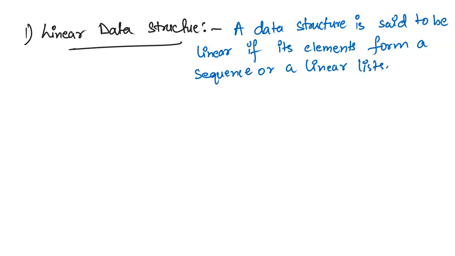So a data structure is said to be linear if its elements form a sequence or the linear list. So this is basically the linear data structure.